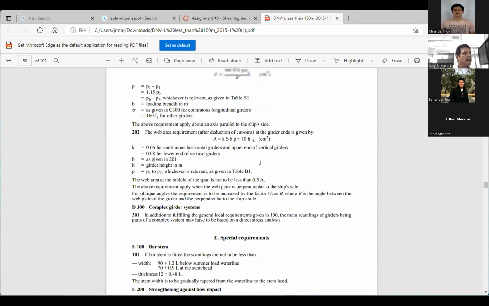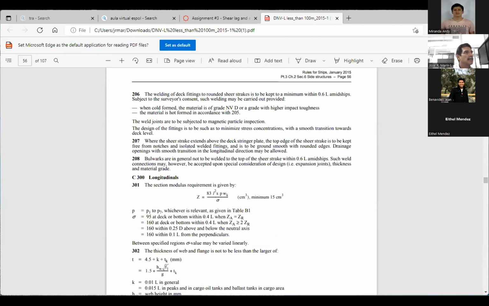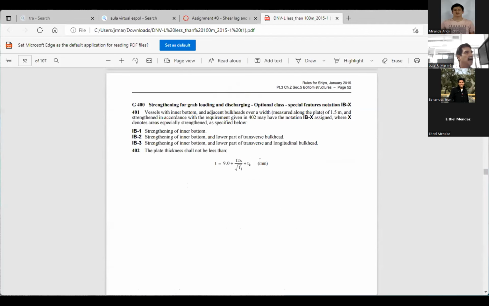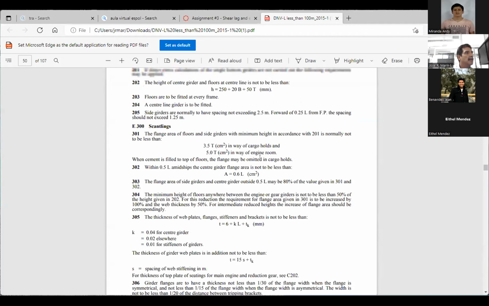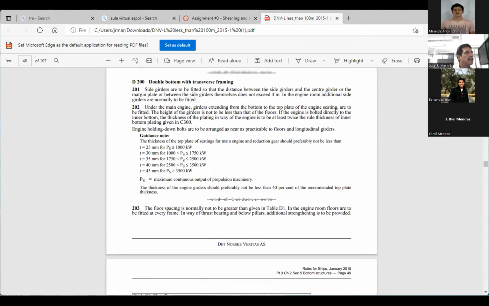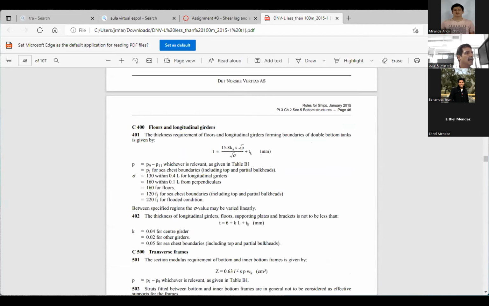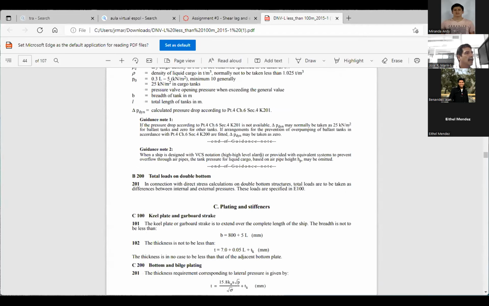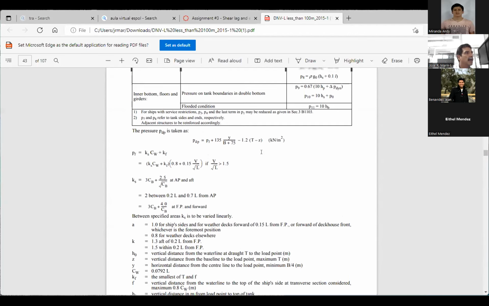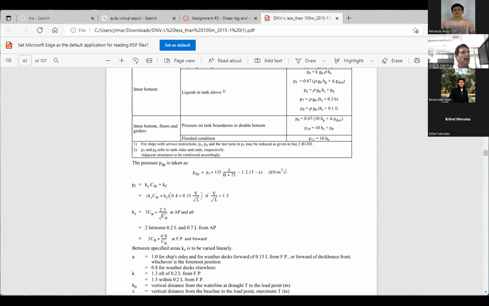Let's go to section 5. I get confused. Section 5, B what? 101. Okay, here we are. There you go. So here you have the formula.